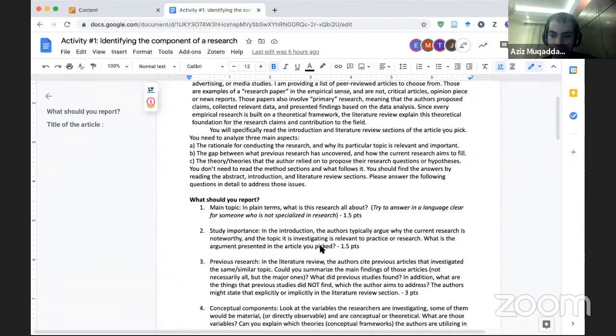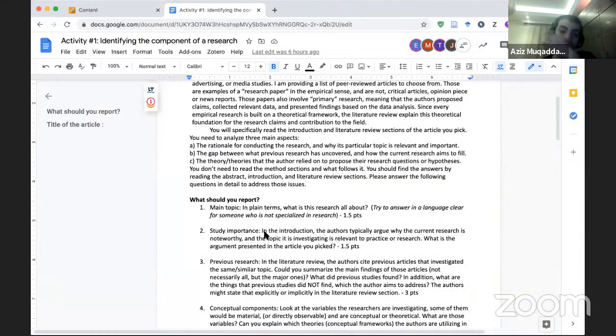And then question number 2. In the introduction section, as I mentioned in the lecture, the authors typically argue why the current research is noteworthy. What's the argument presented in this introduction for the article you picked? So why does the author think this topic is important?